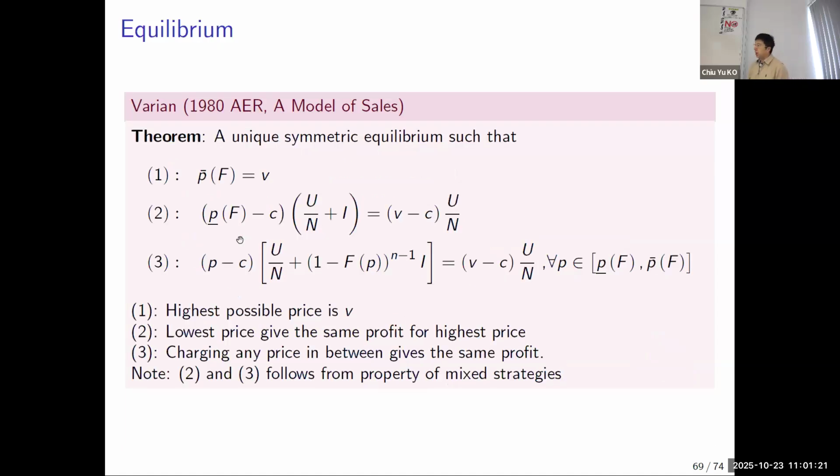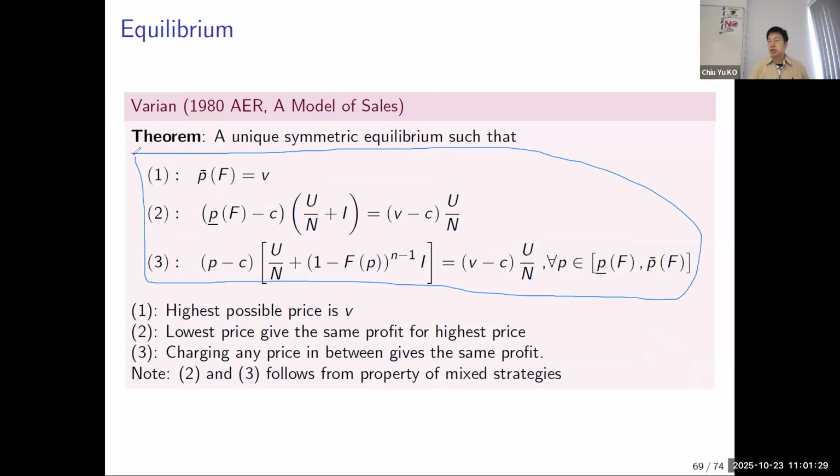And that would imply the following. You have three equilibrium conditions that will characterize the equilibrium. First, the highest price is V, which we have shown, because if V is not the highest, you can always charge V to improve the payoff.